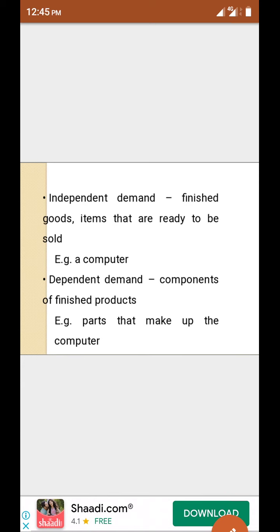Means for a single computer we require one monitor, one disk, one RAM, some nuts and bolts, a box. So these are the dependent demand. But the ready computers, that is finished product, their demand depends on customers. So these are the independent demand.